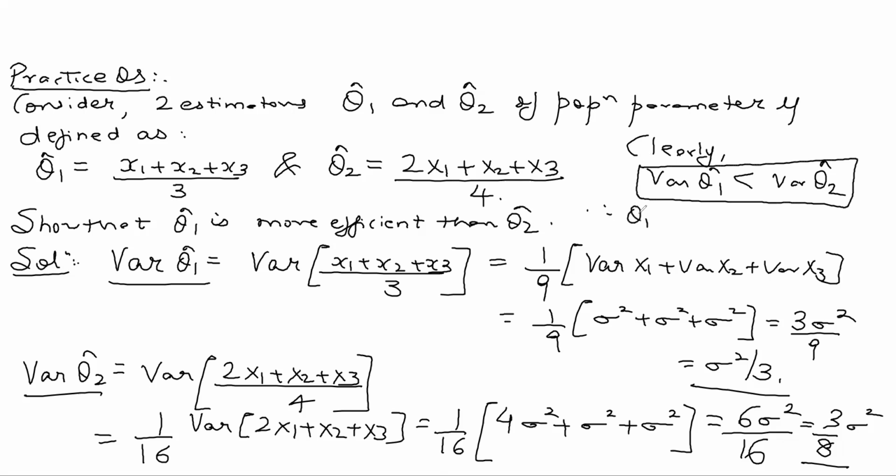Therefore, theta 1 hat is more efficient than theta 2 hat. So theta 1 hat is a more efficient estimator than theta 2 hat.